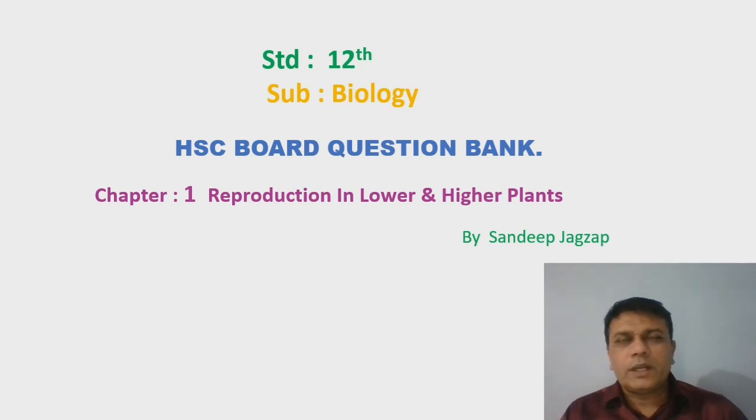Then section D consists of total 5 questions, that is from question number 27 to question number 31, and each question will carry 4 marks, but you will have to attempt any 3 questions and they will be for 4 marks.